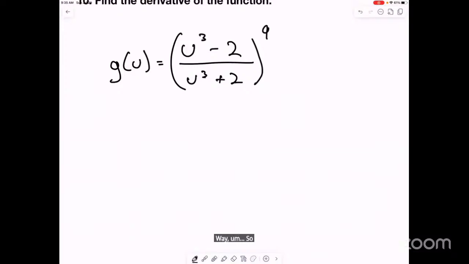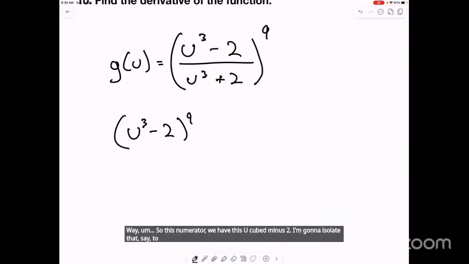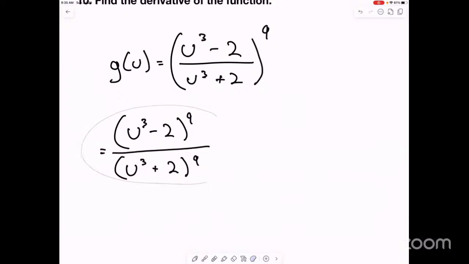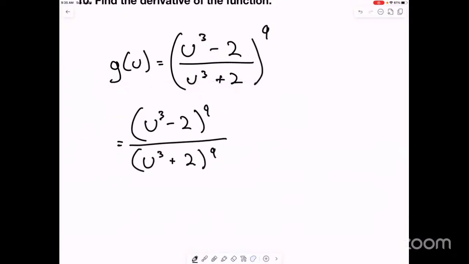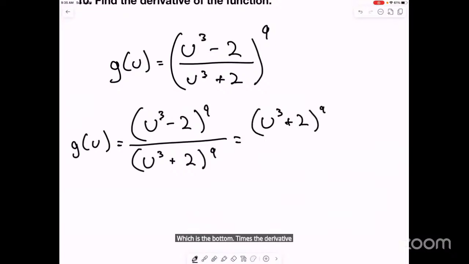So this numerator, we have this u cubed minus 2. I'm going to isolate that, say to the power of 9 over u cubed plus 2 to the power of 9. So first I'm going to apply the quotient rule, which is the bottom times the derivative of the top.